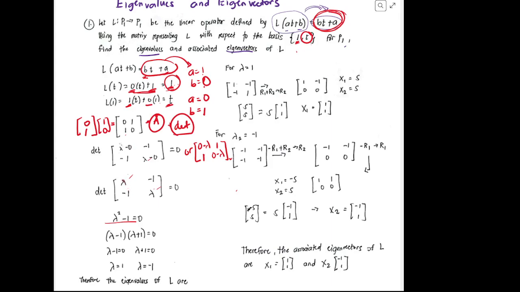You can also call it x if you want. But again, this is lambda. Lambda times lambda is lambda squared, and then minus the product of the other two. Negative 1 times negative 1 is positive 1. So again, minus positive 1 equals 0. We simply equate the determinant to 0 to get the characteristic equation.